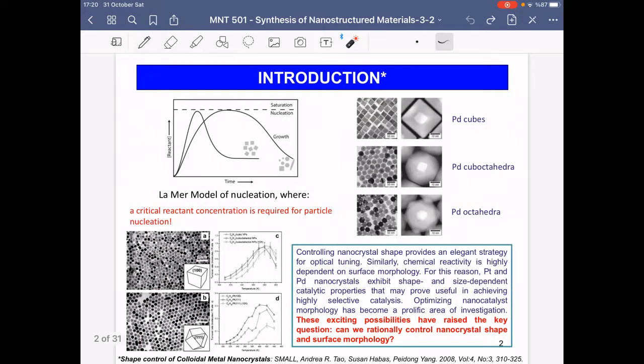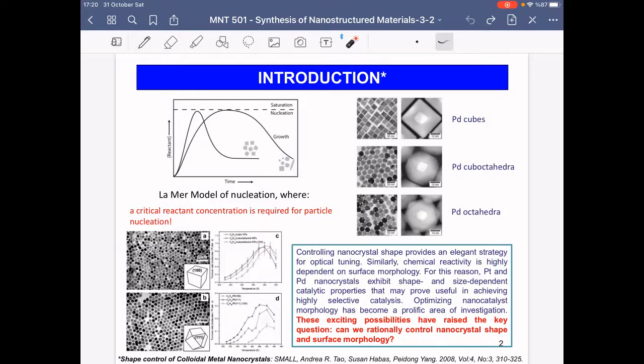And this figure and all these results are taken from this paper here, Shape Control of Colloidal Metal Nanocrystals, from the journal Small, published in 2008. I highly recommend all of you to have a look at that.